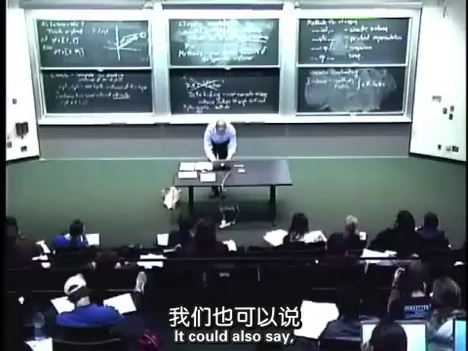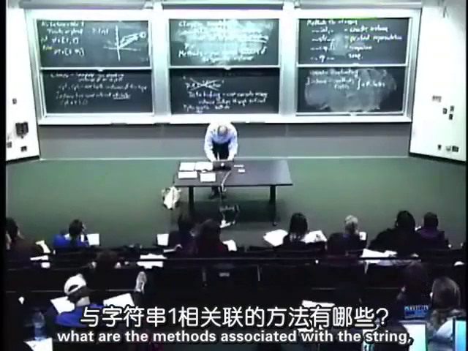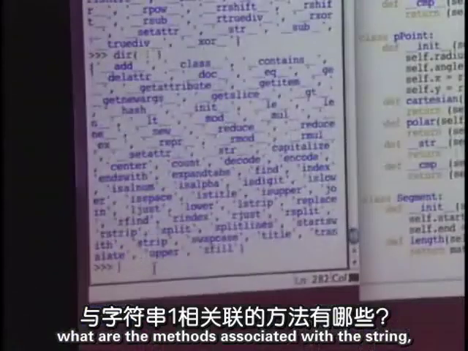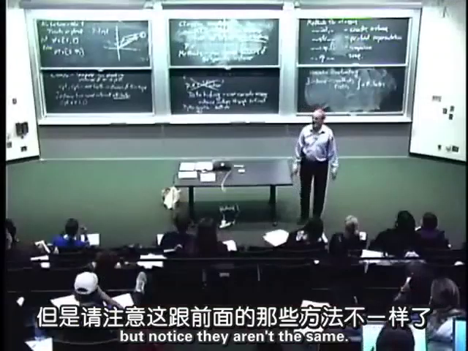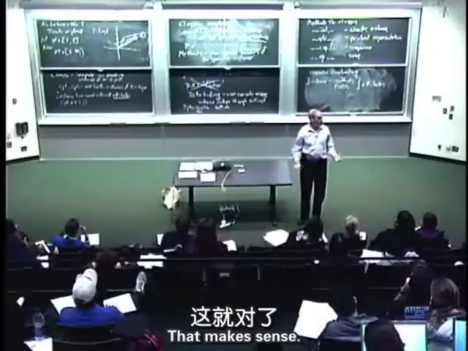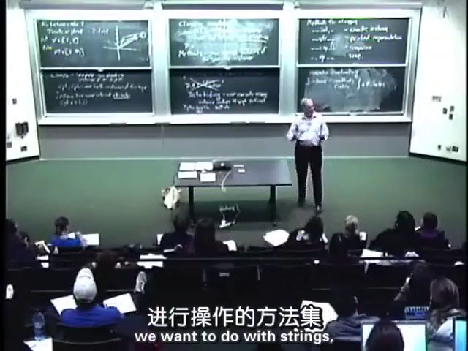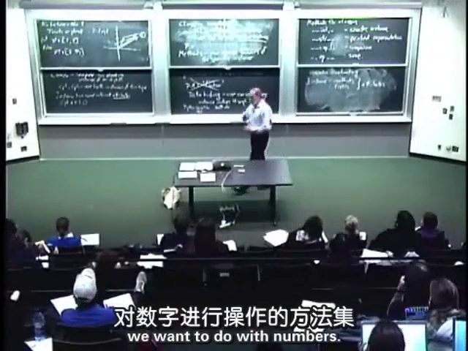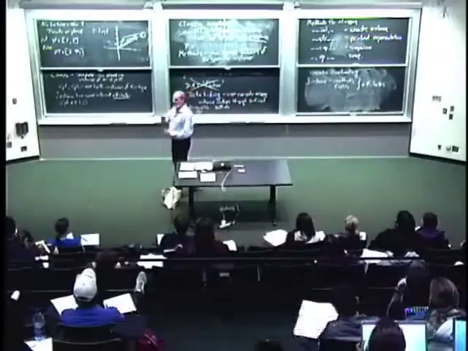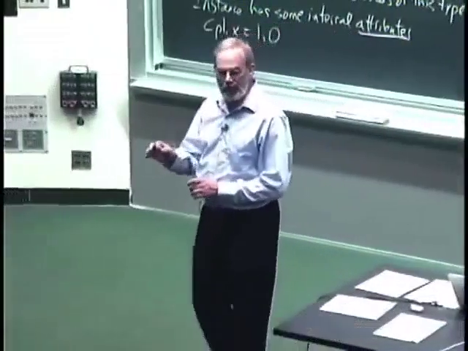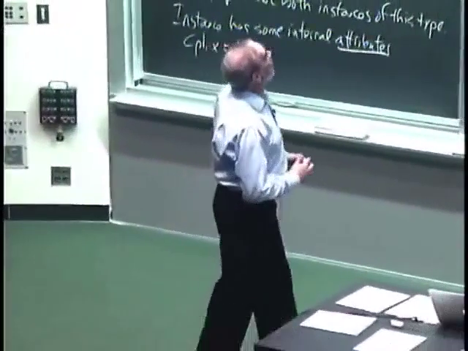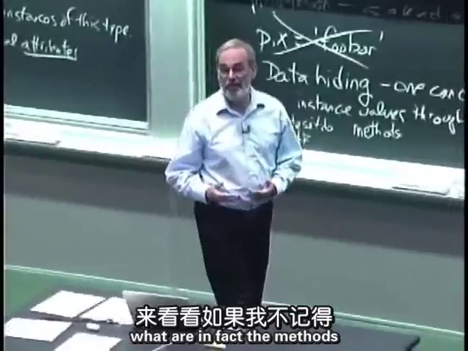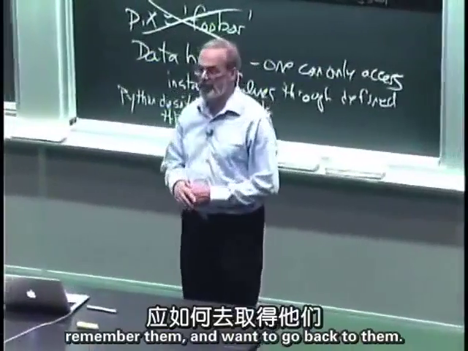I could also ask, what are the methods associated with the string 1? You can quickly see they aren't the same. That makes sense. We have some set of things we want to do with strings, a different set of things we want to do with numbers. But underlying Python is the same idea. These are instances of a class, and associated with that class are a set of methods. So this is a handy way of seeing what methods are available if I don't happen to remember them.